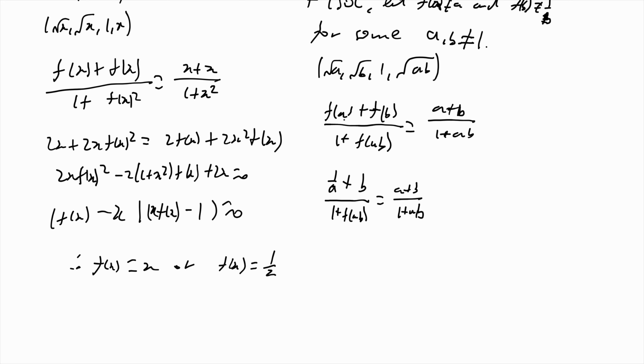First of all, f of ab equals ab. We have 1 over a plus b equals a plus b. Therefore, a equals 1.